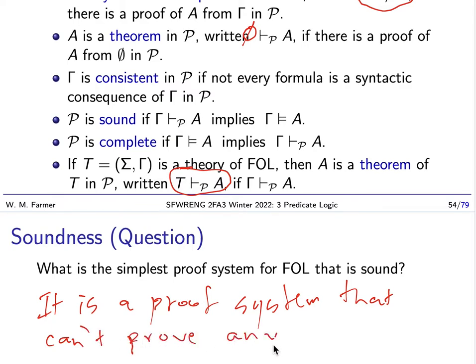And how do we get such a proof system? We just have a proof system that has no logical axioms and no rules of inference. It can't prove anything.